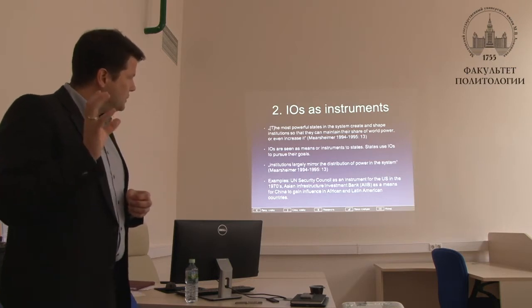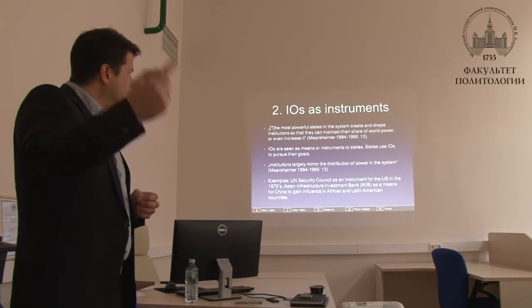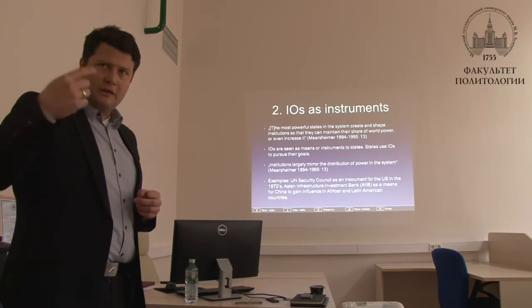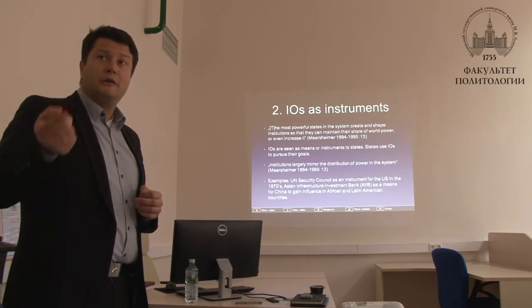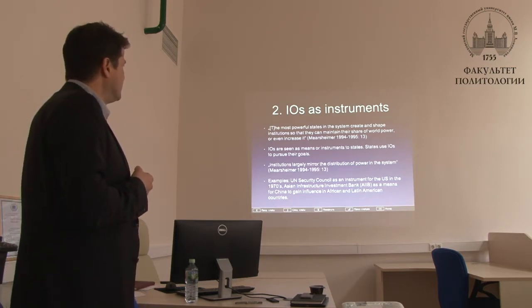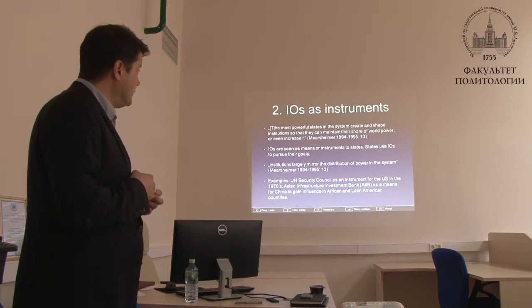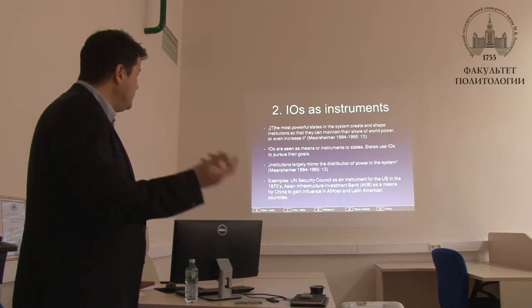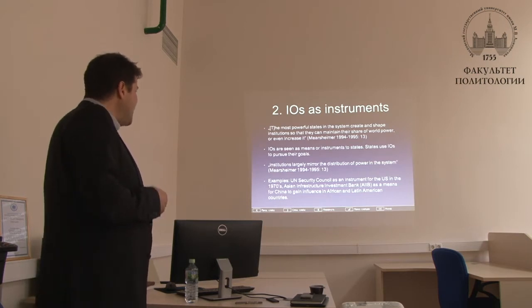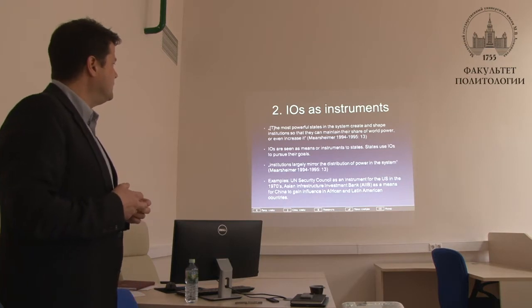So we just have the permanent 5, which have the veto power, and all the other states in the world are sometimes part of the UN Security Council, but most of the time they are not. And the United States have been seen as using the UN Security Council as a means for their foreign policy in the 1970s.